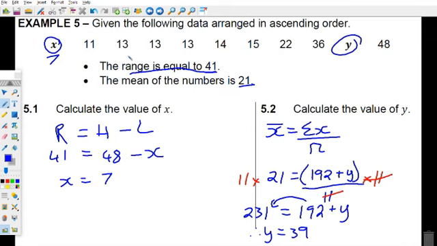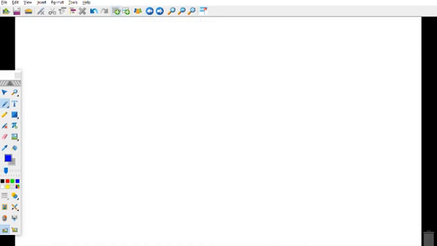Okay. So, for homework, there's something in the textbook. I want you to look at example 1 on page, what's the page? 328.